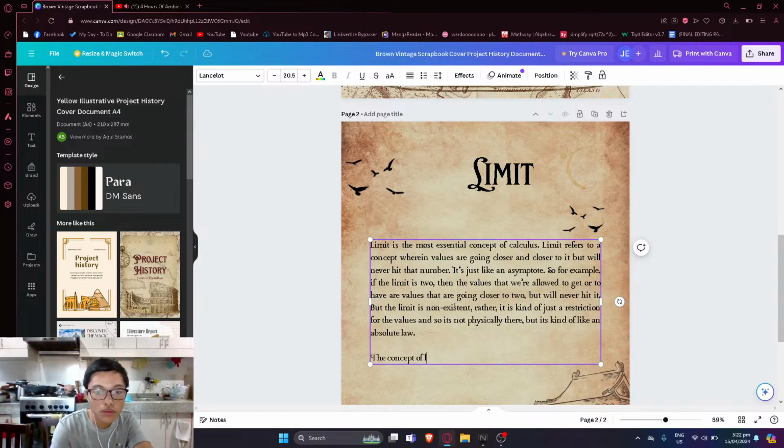The concept of limit has been used in various fields in the world, including engineering and chemistry.